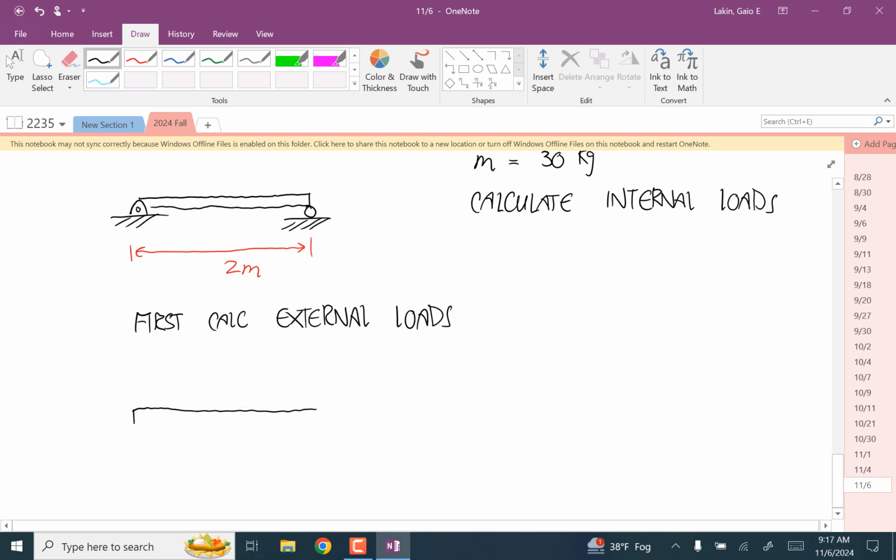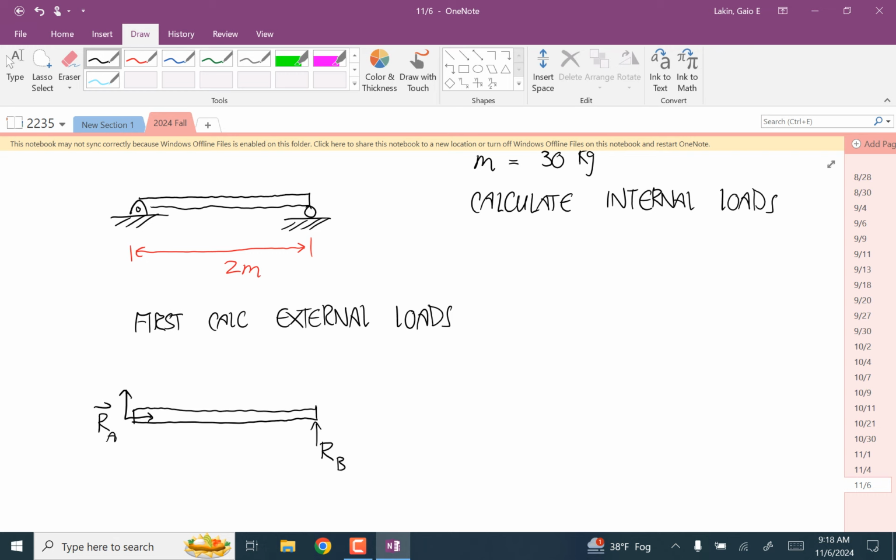And so we have a force vector here, I'll call that RA, an upward force there.